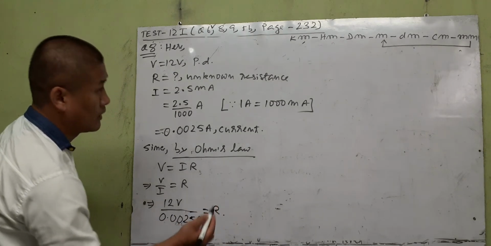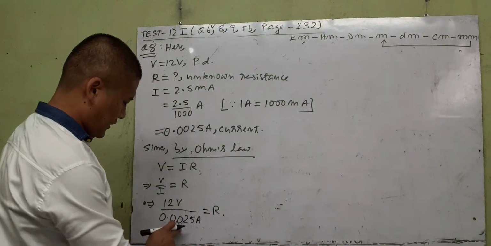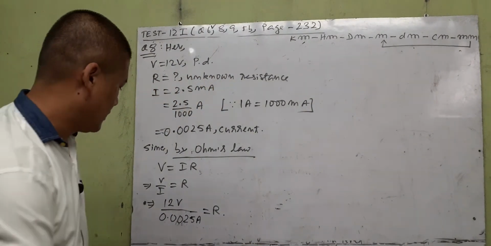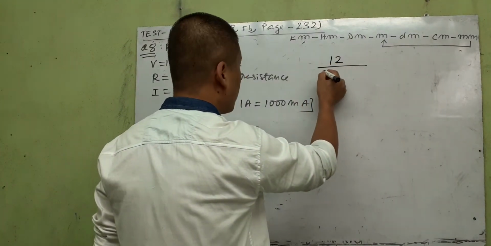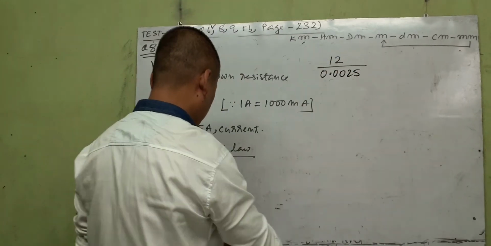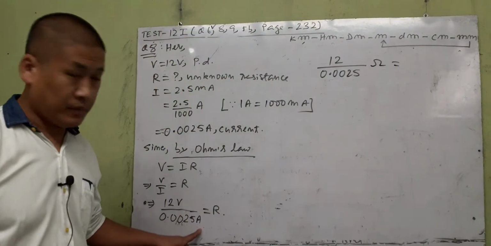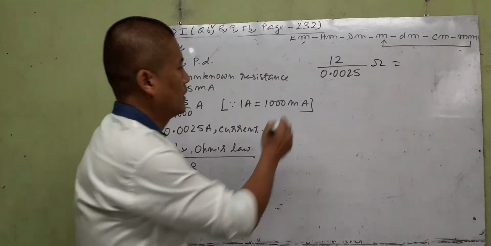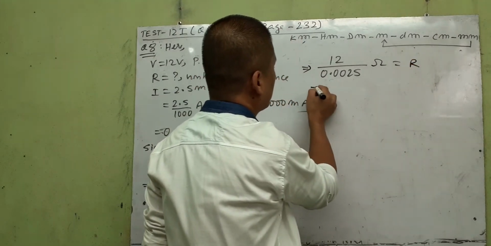That's the value of R. Let us remove this decimal to make it easy for us. So that is 12 divided by 0.0025, and the SI unit of resistance is ohms. In other words, volt by ampere is ohms. So let's change it directly to the base unit of resistance, which is ohms.